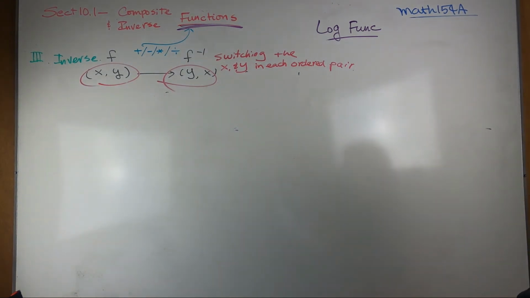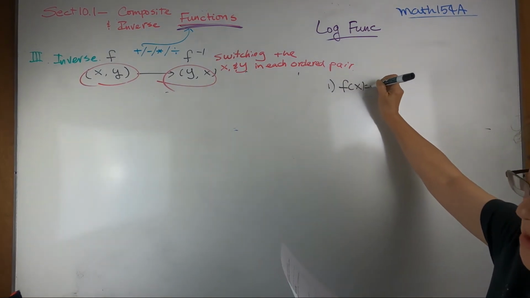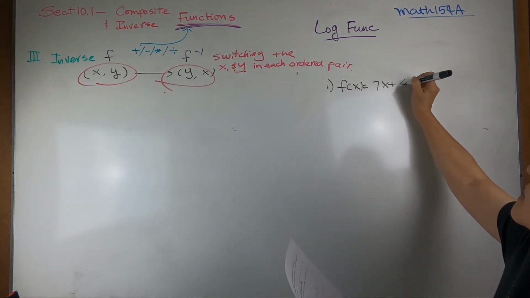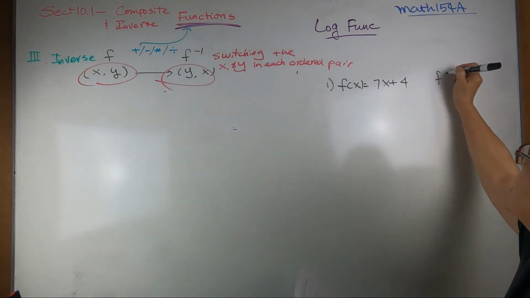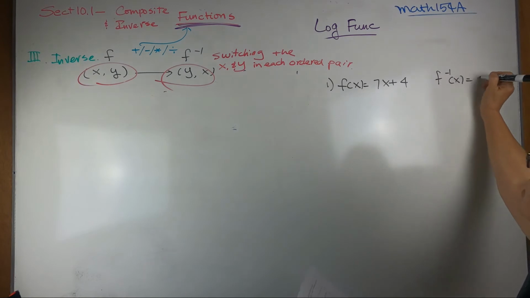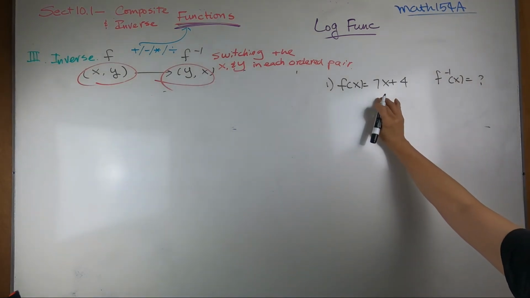However, sometimes it's not that obvious. So if you write the function f of x is a linear function, right? How are you going to find its inverse? It should be a function style like this.